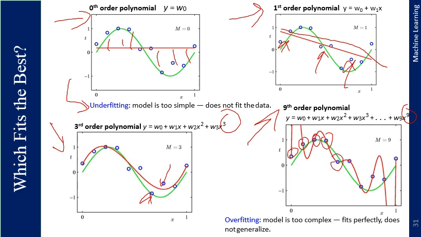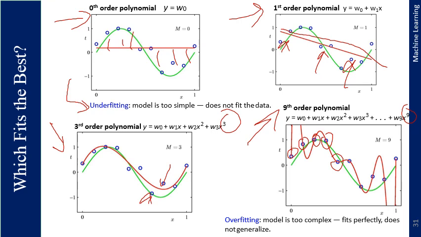So will you say that this is the perfect model? Most often this is not. This is a result of overfitting. That means the model is too complex and fits very perfectly, however, it will not generalize.